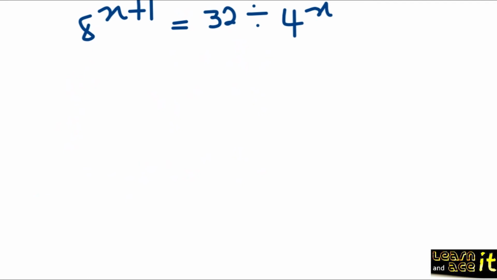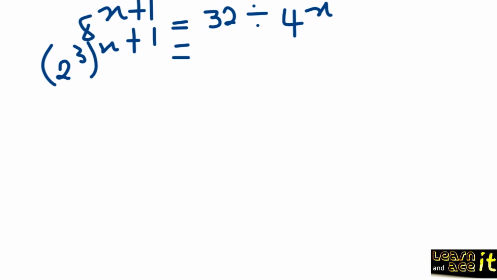Now it's the same principle even here. What we have to do, we need to make sure that the bases are the same. So 2 in this case can be written as 2 to the power of 3 there, and then that will be raised to the power of x plus 1.